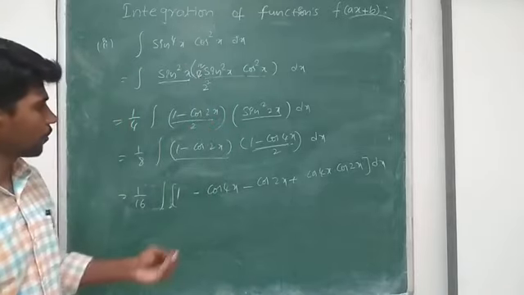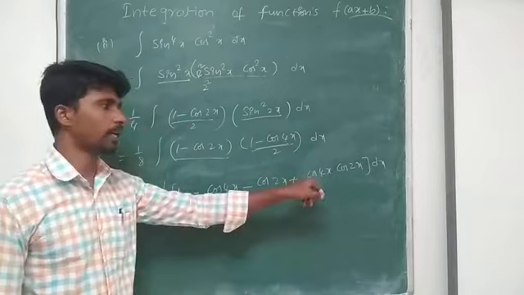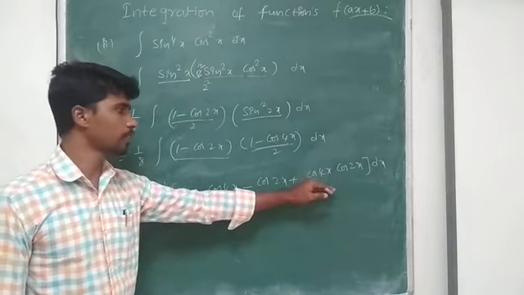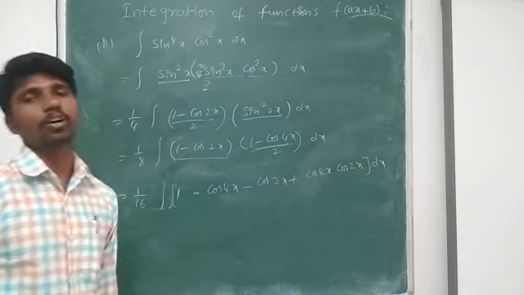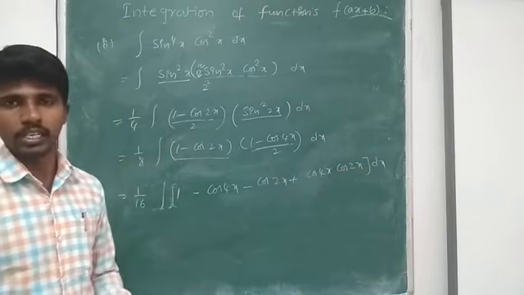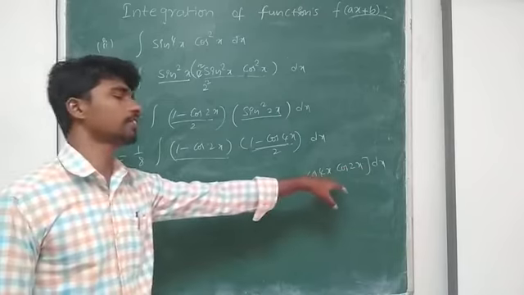Right? After this, how to do? You continue and solve. This one, multiply and divide by 2. Now it is in the form 2 cos A cos B. 2 cos A cos B is nothing but equal to cos A plus B plus cos A minus B. Use that form and simplify this later.